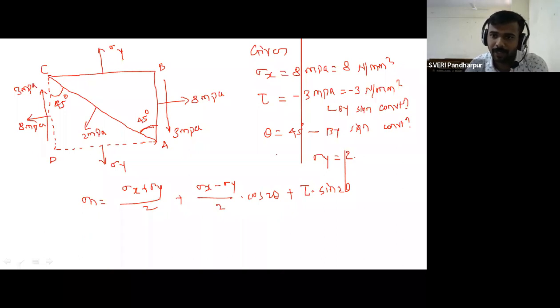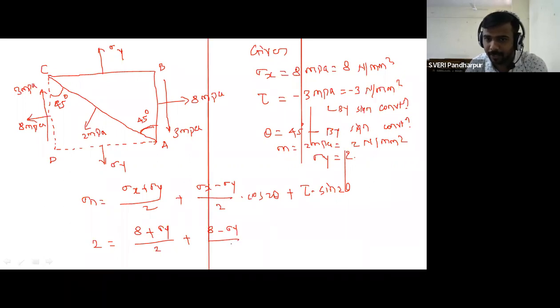Sigma n is, we forgot to write. So sigma n is equal to 2 megapascal, which is equal to 2 Newton per mm square. So here 2, we can put the value of sigma x, 8 plus sigma y as it is divided by 2, plus sigma x, once again 8 minus sigma y divided by 2 into cos 2 into 45, plus tau value is negative, so in bracket minus 3 into sin 2 into 45.